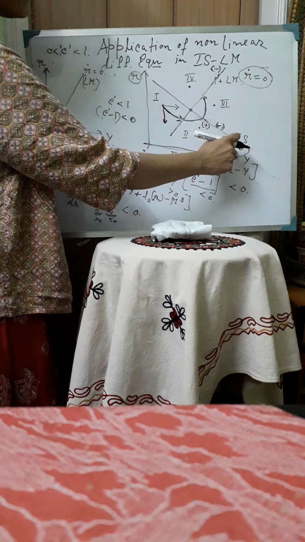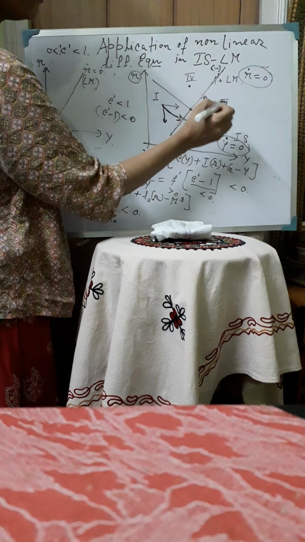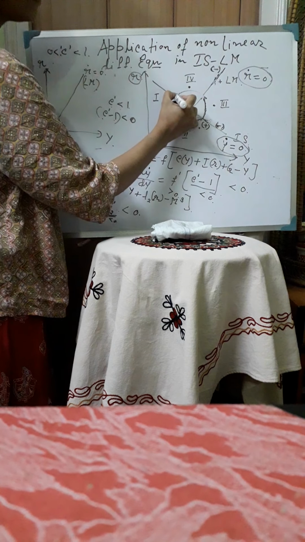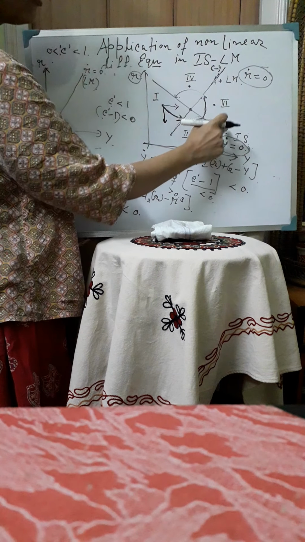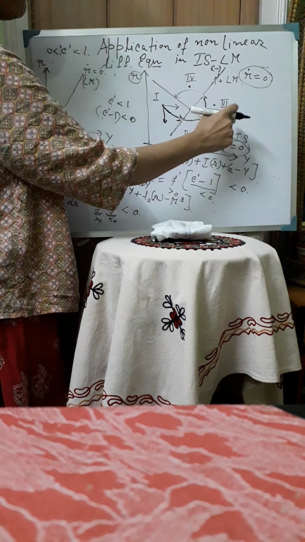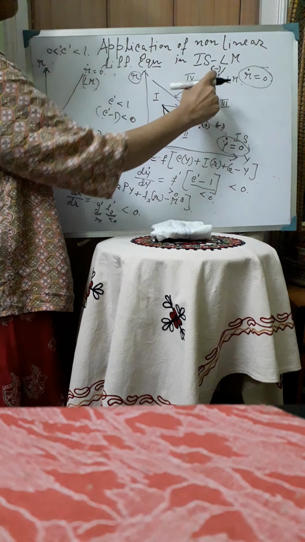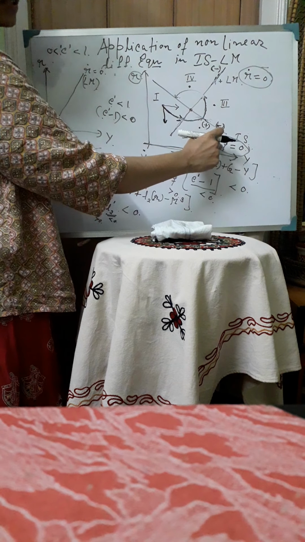So in that case, Y should fall, because at this point the value of Y dot is negative. Now Y dot should be 0 to get the equilibrium in the goods market. So therefore Y dot should rise.